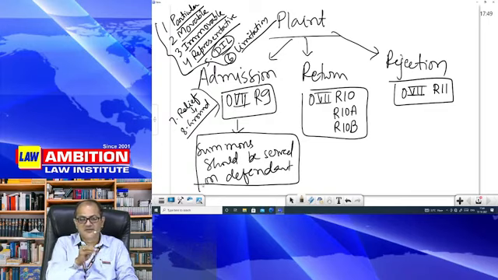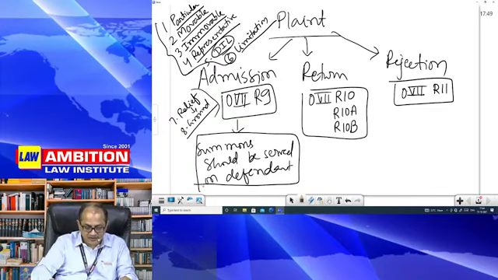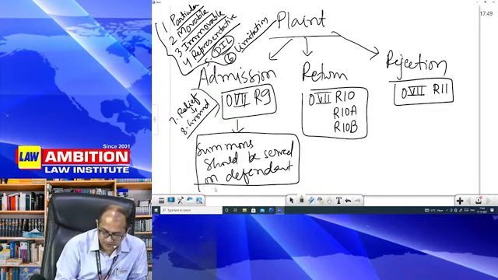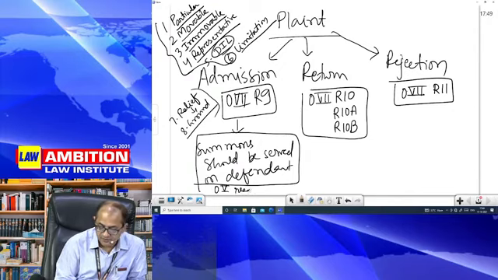Sections 27, 28, 29 are there in CPC. Sections 27, 28, 29 of CPC read with Order 5. We will see that. Summons shall be served. What I said, Order 5 read with Sections 27, 28 and 29.